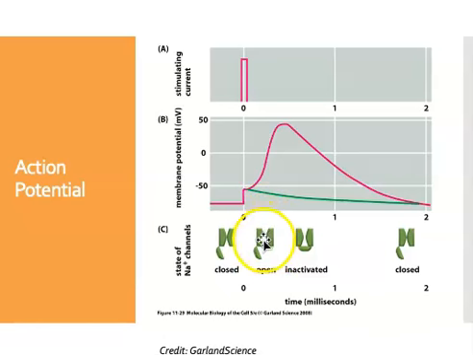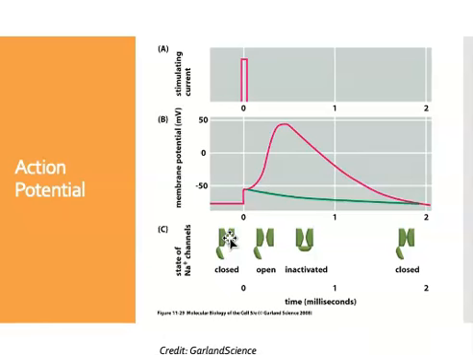The channel itself, the passageway, is open, and sodium ions can pass through. When the channel is closed, it means that the tunnel is closed. The gate has essentially snapped shut, and you can see it's actually located right in the middle of the channel.